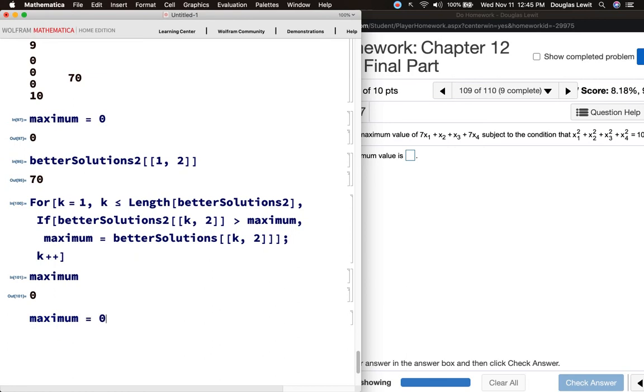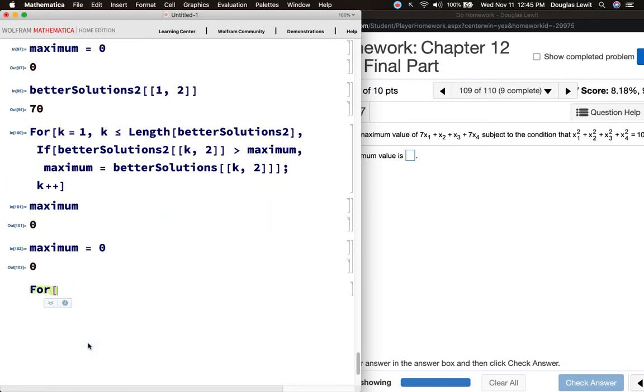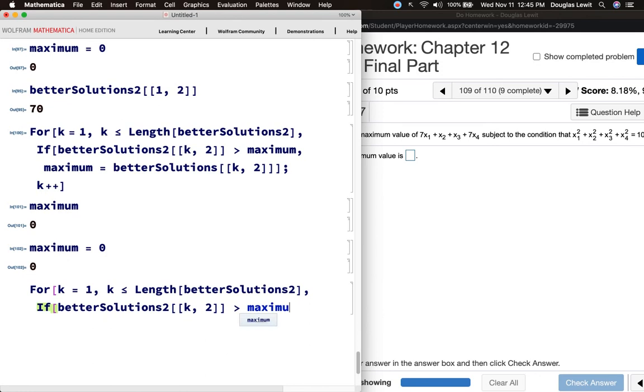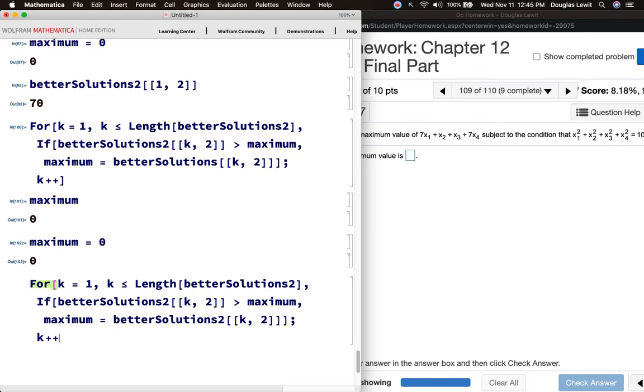So maximum is equal to 0 for k is equal to 1. K is less than or equal to the length of betterSolutions2. If betterSolutions2 k2 is greater than the maximum, oh, sorry about that, maximum, then maximum should be equal to betterSolutions2 k comma 2, k plus plus.